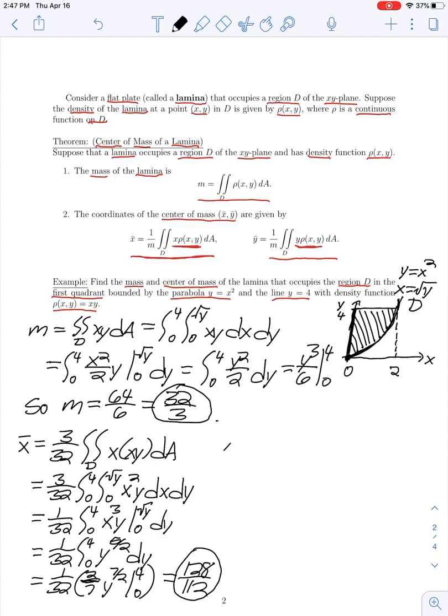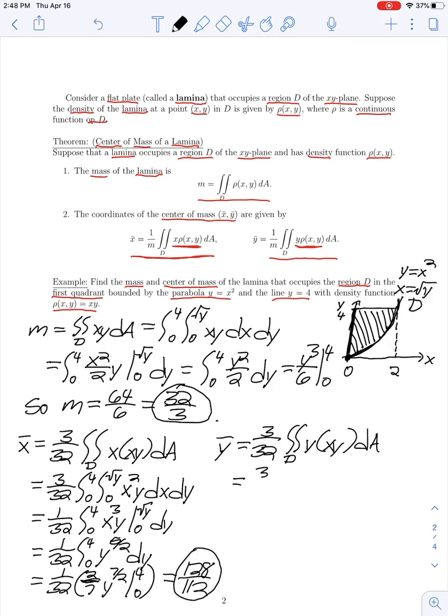And to get our y coordinate for the center of mass, we would again take 1 over the mass, which is 3 over 32, times the double integral over D of y times the density function xy. So let's see what we have here.